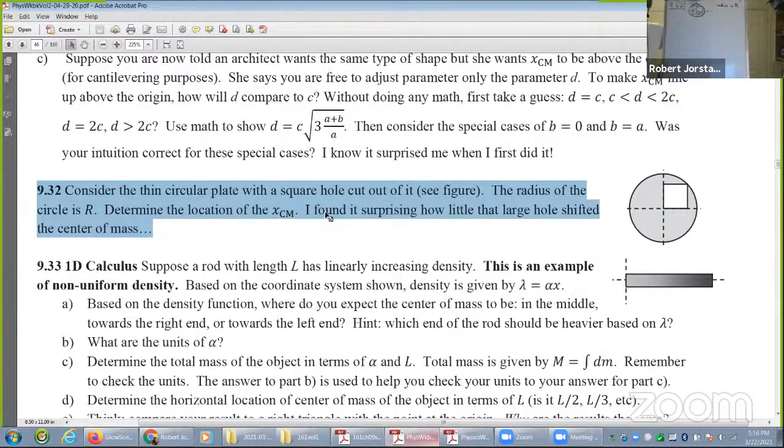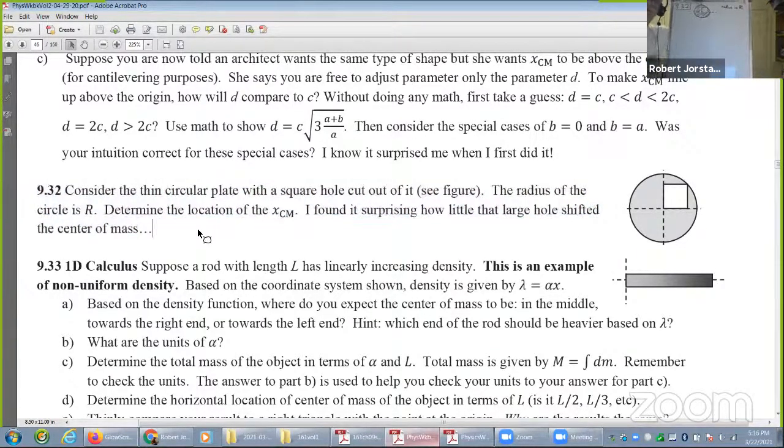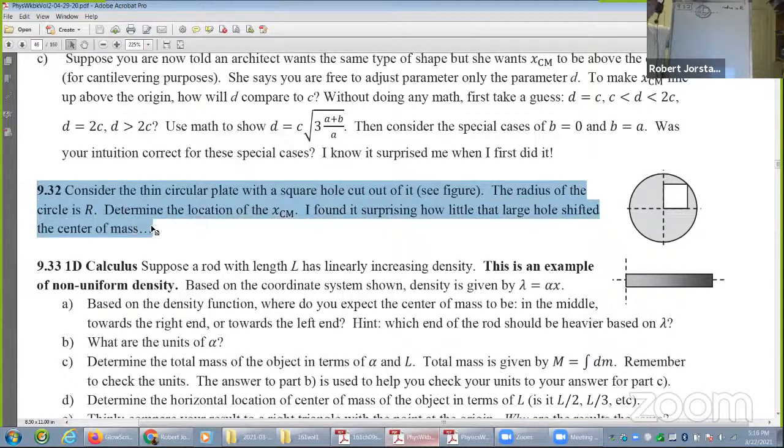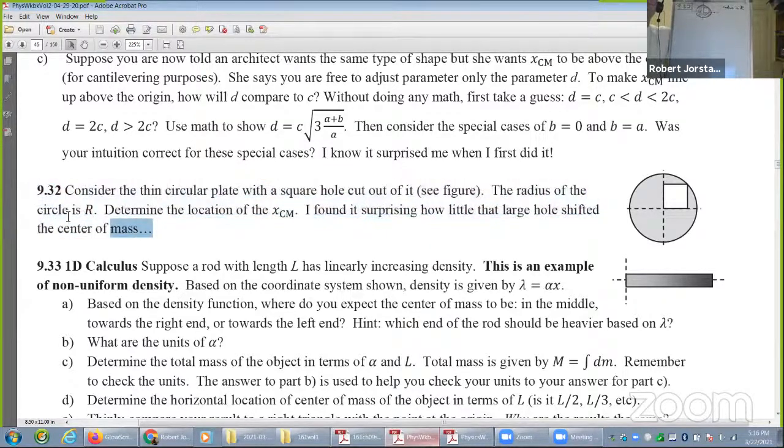It turns out center of mass problems, we tend to assume the easier case unless otherwise specified. Generally speaking, if you have wood, yes, it is non-uniform because there might be more knots on one side than the other, or maybe it's a little thicker or thinner. But on average, even if it's non-uniform, the uniform will probably be close to the correct answer anyways. So unless we're specifically told it's non-uniform, we are going to assume it is uniform.